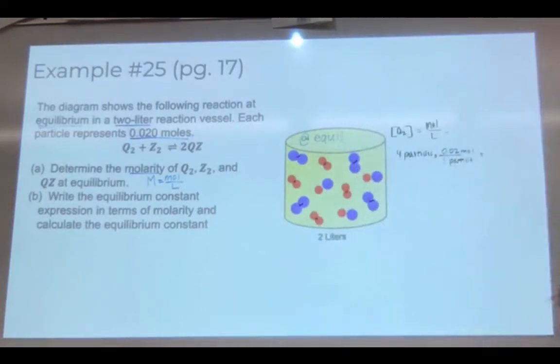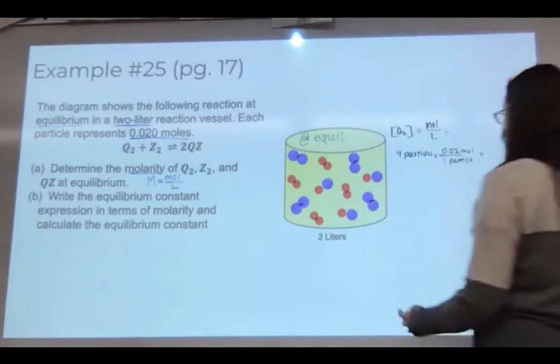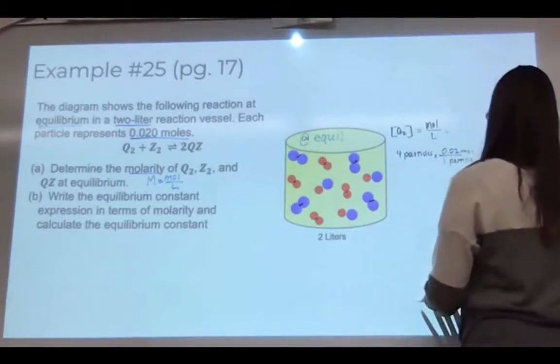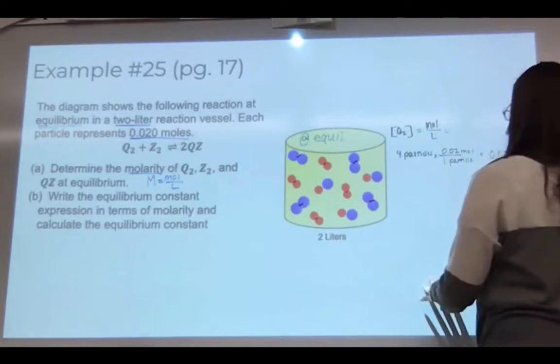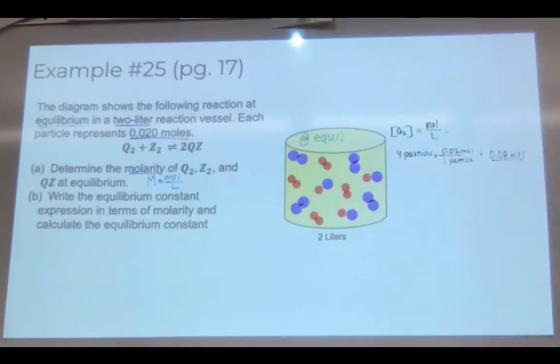So here's what I'm doing. 4 particles. Each particle represents 0.02 moles. So if there are 4 particles of Q2, that represents 0.08 moles. Now, could you just do 4 times 0.02? Yes.